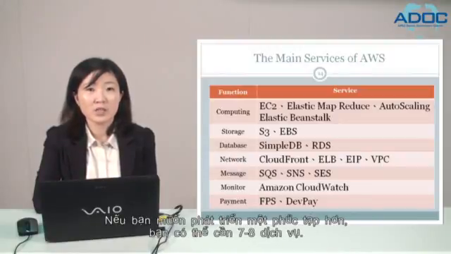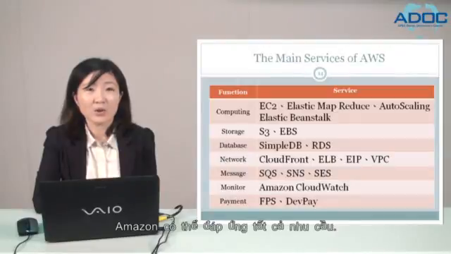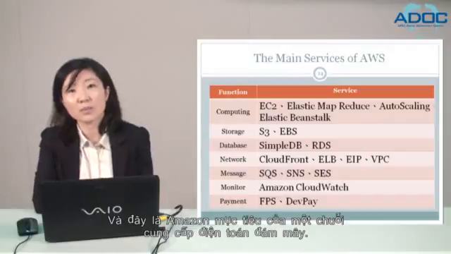If you would like to develop a more complicated one, you might need 7 to 8 services. But no matter whether simple or complicated web services, Amazon can satisfy all your needs, and this is Amazon's goal, a cloud supply chain.